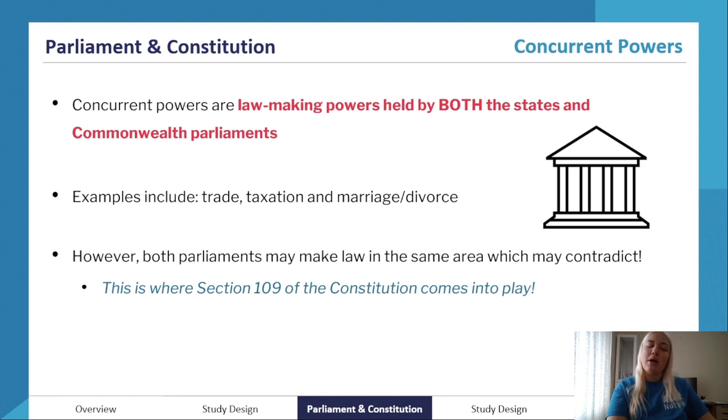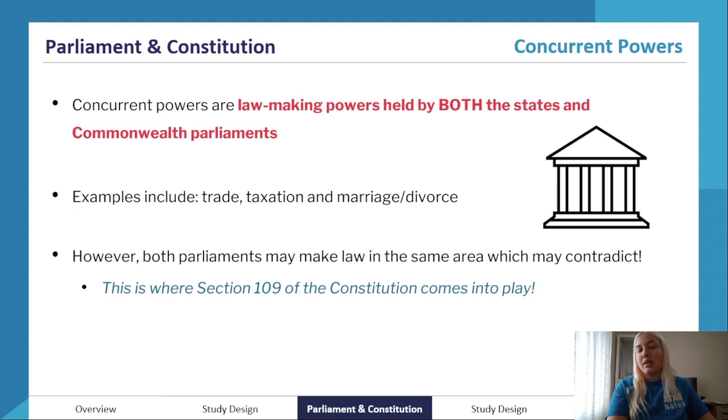Okay. However, if you look at state level taxation laws, there are many examples here too. So, for instance, when someone owns a house or land, they have to pay tax or money to their local council. Okay, so there are state level and Commonwealth level laws regarding taxation.